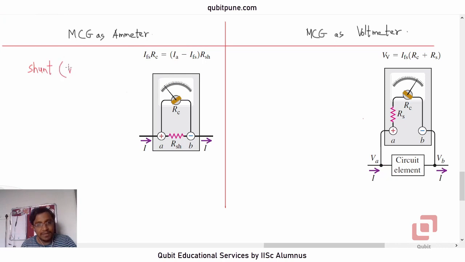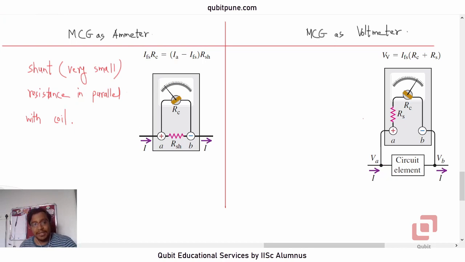Shunt is a very small resistance, in parallel with the coil of the galvanometer. If you attach the shunt resistance here, most of the current will pass through the shunt, it being very small, and only a fraction will pass through the coil.